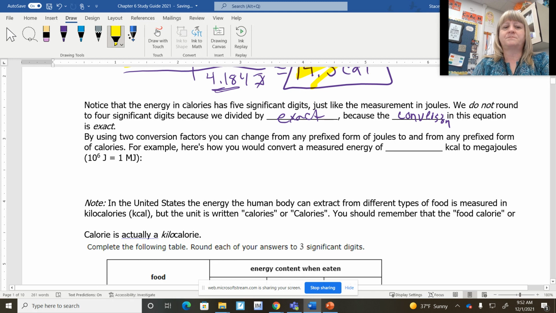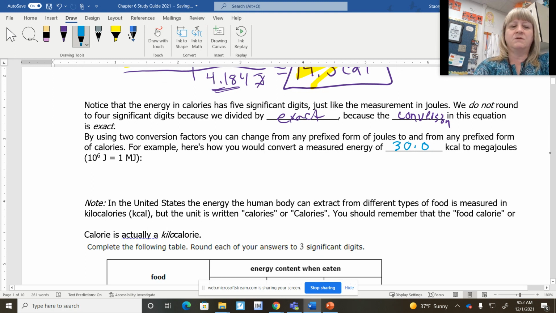Okay, so using 2 conversion factors, you can change any prefixed form of joules to and from any prefixed form of calories. For instance, let's say you want to convert 30.0 kilocalories to megajoules. Megajoule is given right here.